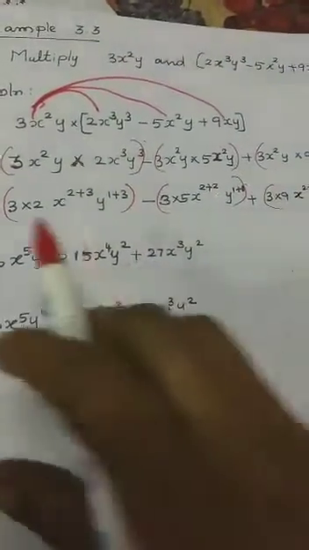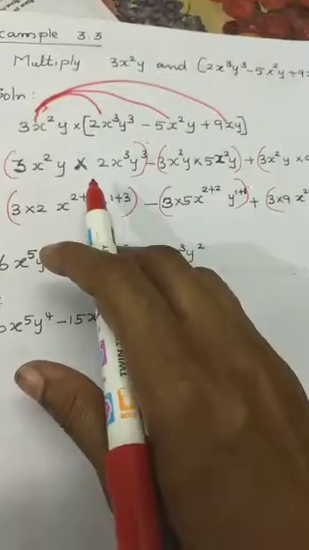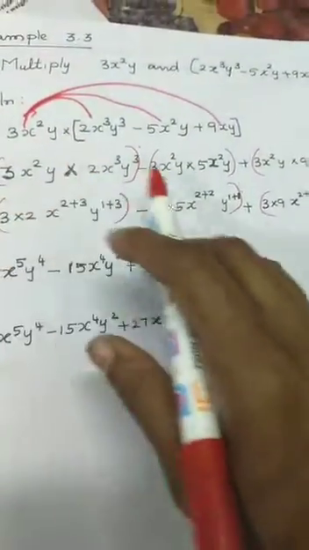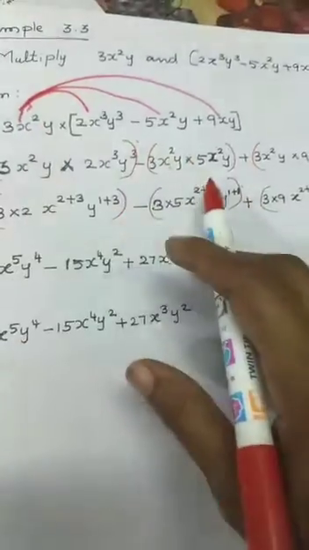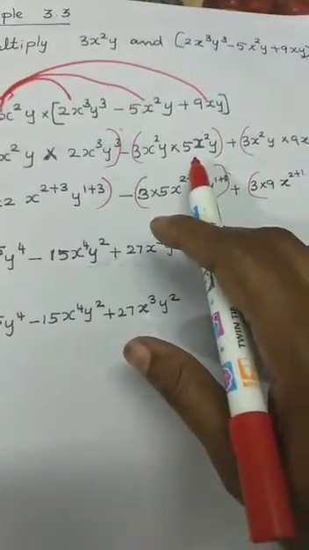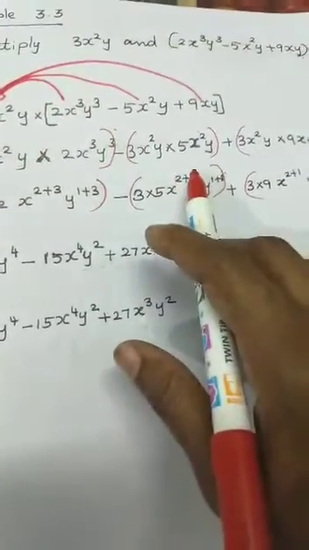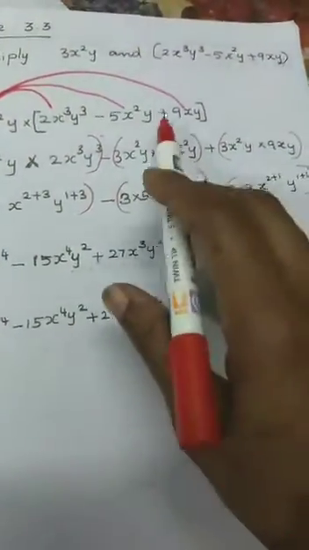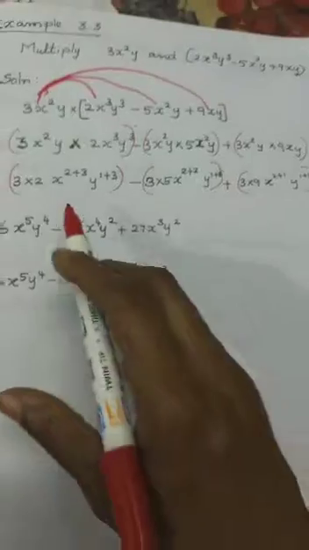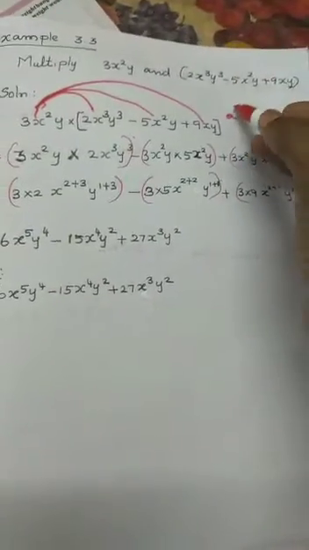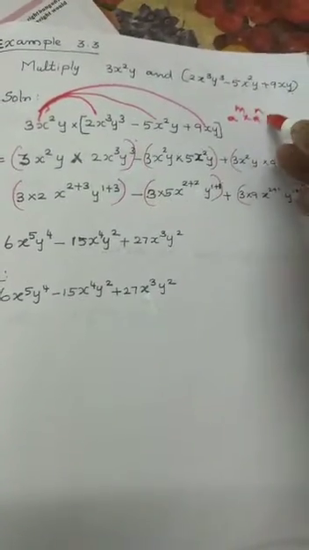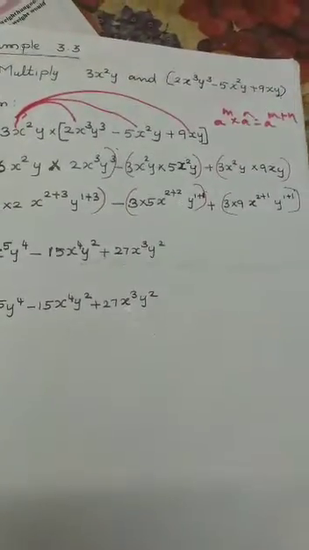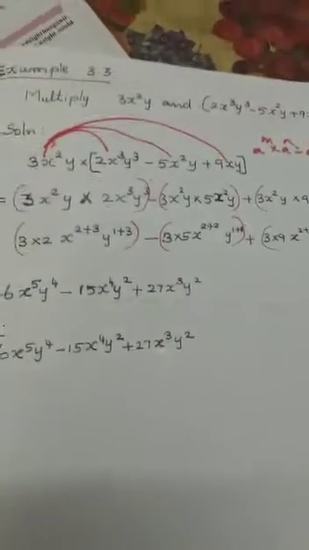That's why I have written 3x square y into 2x cube y cube minus 3x square y into 5x square y plus 3x square y into 9xy. Now using the formula a power m into a power n equal to a power m plus n, you add all the like terms.